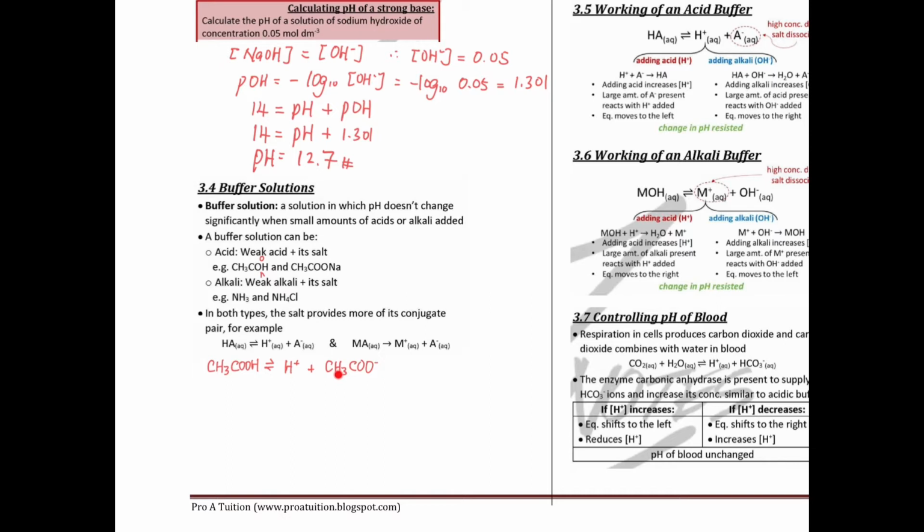The problem is you have to know that to act as an acidic buffer, we need somebody to neutralize the acid that is added to the acidic buffer. We need somebody who is going to neutralize the acid when acid is added to the buffer.